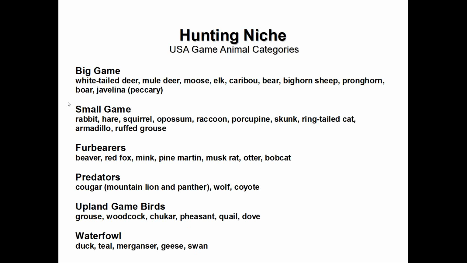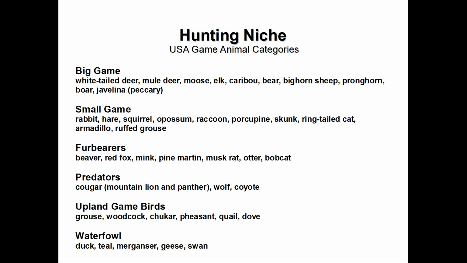Because the information can be completely different concerning one type of game than it is a completely different one. So in the USA, at least, these are the main types of game and also the game categories that are hunted and regulated. So these particular phrases here, big game, small game, fur bearers, predators, etc., you will have people searching for information on these topics on the internet.